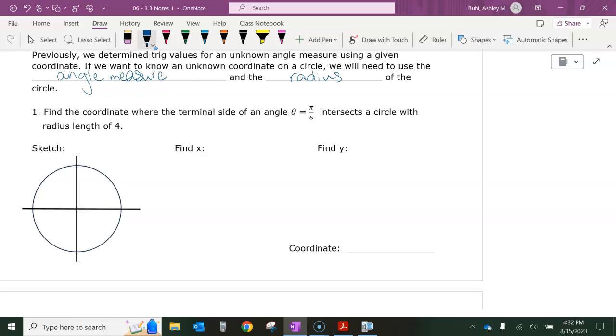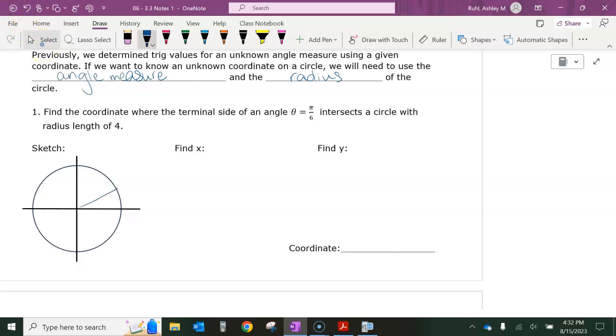So utilizing that information, this says find the coordinate where the terminal side of an angle theta of pi over 6 intersects a circle with radius length of 4. So pi over 6 is something that is on our unit circle, correct? It's actually in the first quadrant. It's equivalent to 30 degrees.